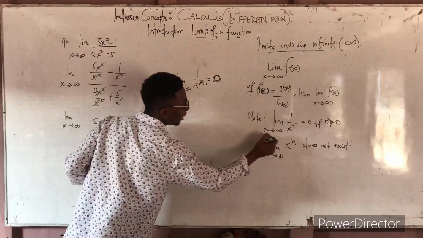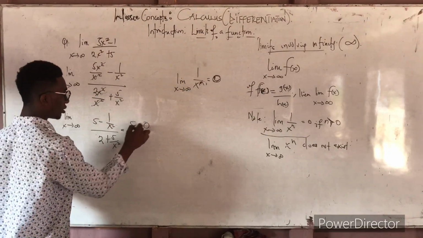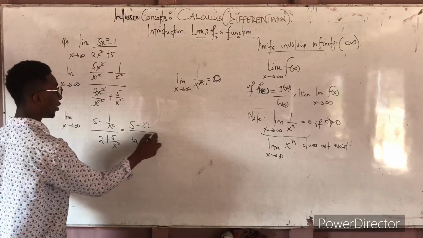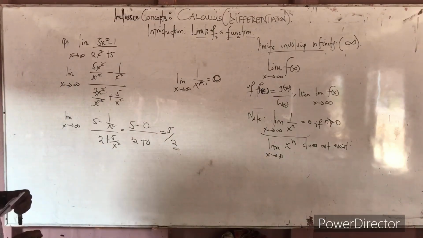Sorry for that, it's not 1. So therefore, we have 5 minus 0, all divided by 2 plus 0, which will give us what? 5 on 2.